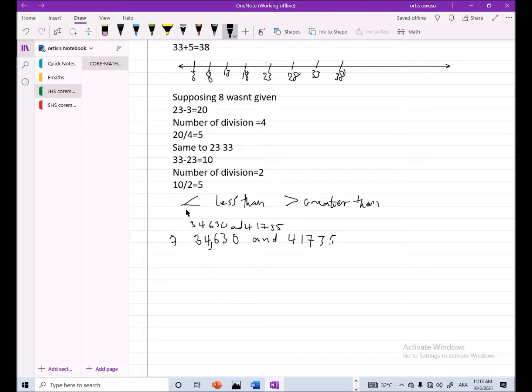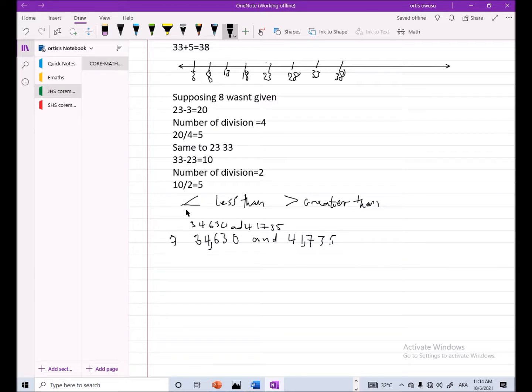Then we bring our comma, meaning that this is 41,735. So if you have money of 34,630 and then your brother has 41,735, which one is greater?